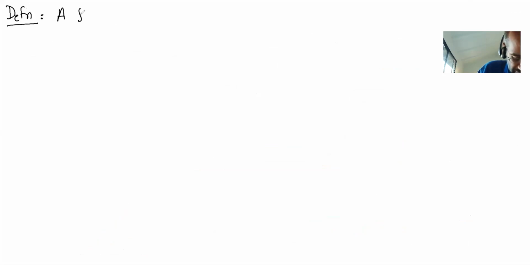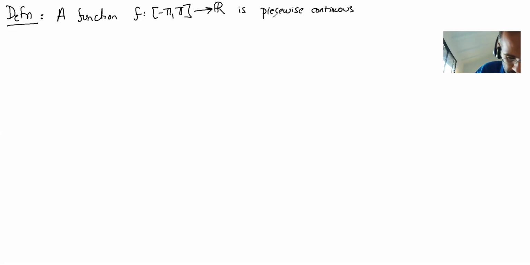A function f on, let's say, this interval is piecewise continuous if it is continuous at all but finitely many points.